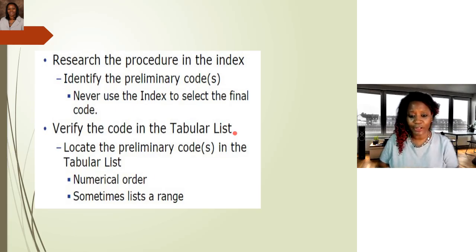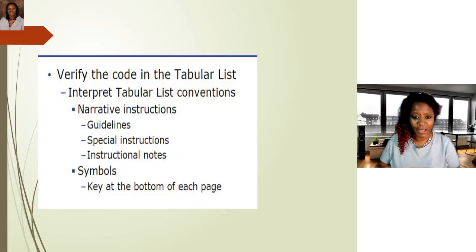So we'll verify that code in the tabular list. In the tabular list, this is where you're going to find additional information about that code: guidelines on how to use it, any special instructions, any instructional notes, any symbols at the bottom of the CPT manual.